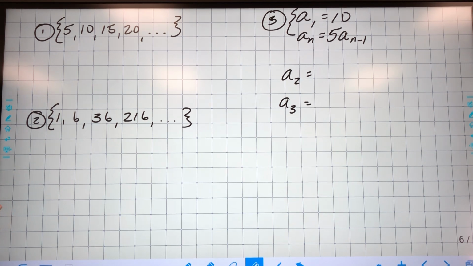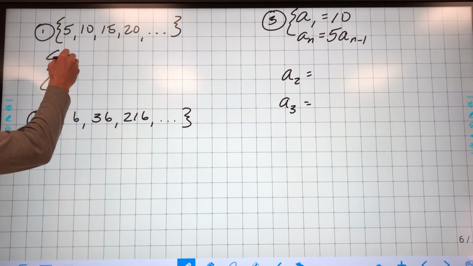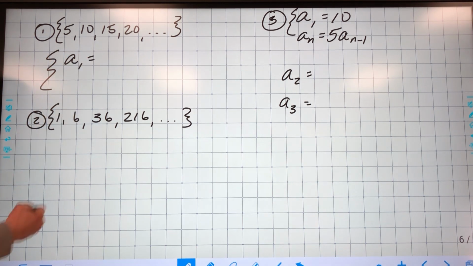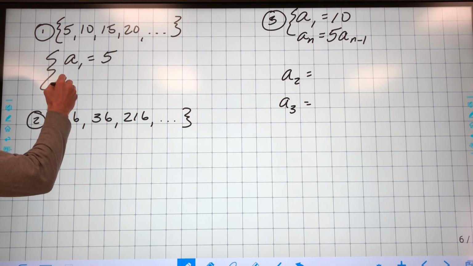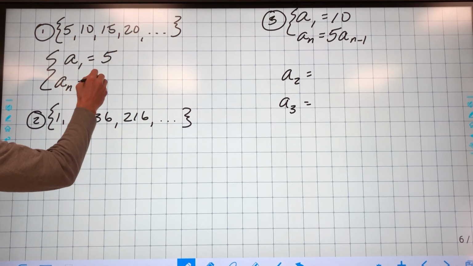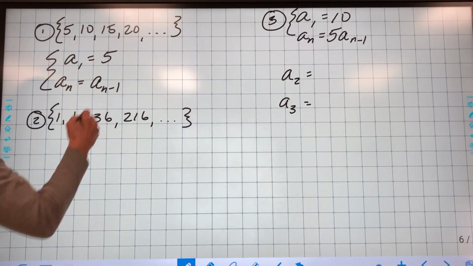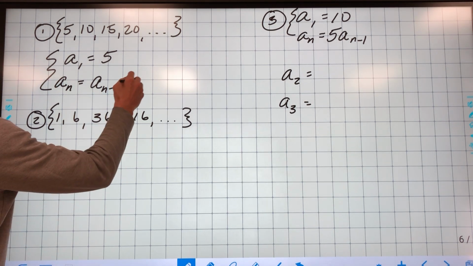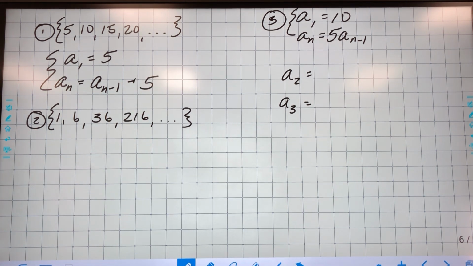All right, so the recursive formula for the first one has to include 2 things. The value of the first term, which is 5. And then what am I doing to the previous term to get the next term? Well, I'm adding 5, right? Each time I'm going up by 5, so I take the previous term, a sub n minus 1, and add 5 to it.